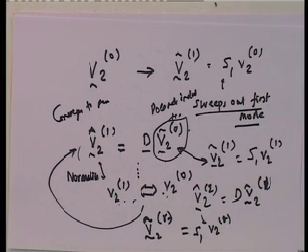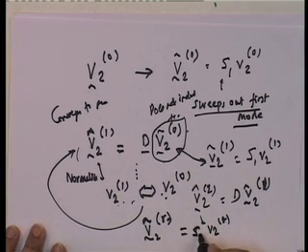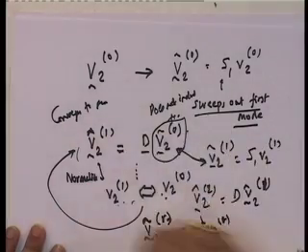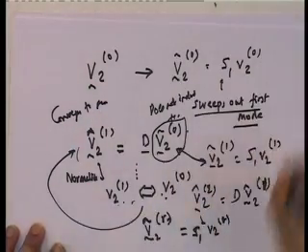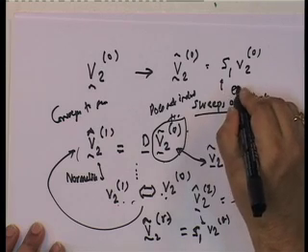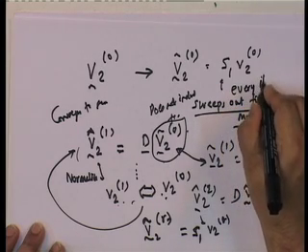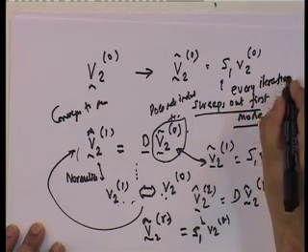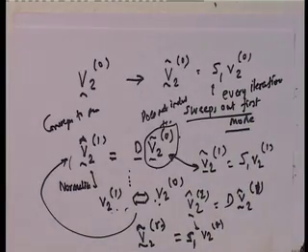You have to sweep it in every iteration. Why? Because if you don't sweep it, some value of phi 1 will come into this, and if you iterate more, it will converge to the first mode.